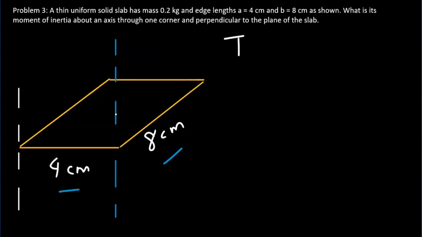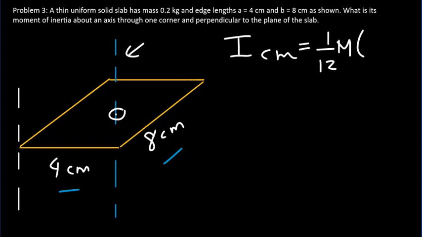The moment of inertia about the axis through the center of mass, the one that's going through the center of that slab, is given by 1/12 times the mass times the sum of the squares of the two sides.